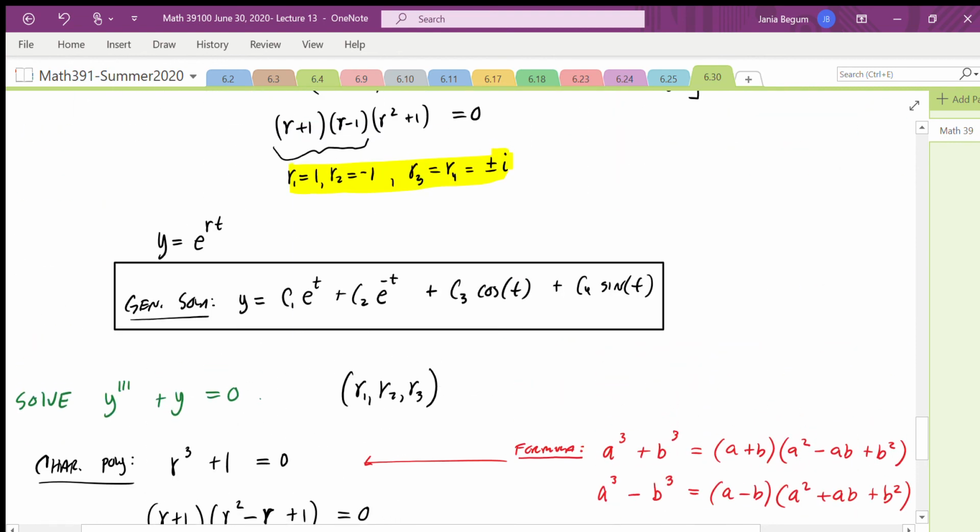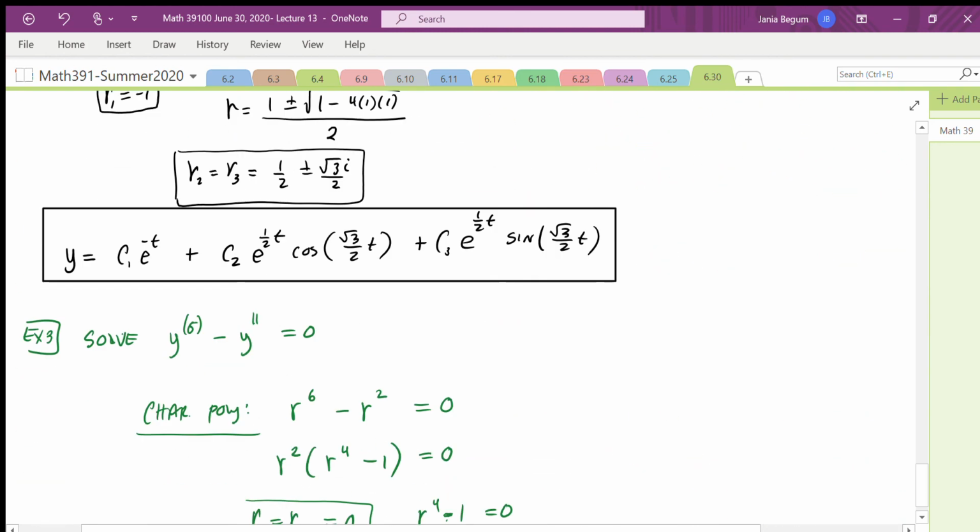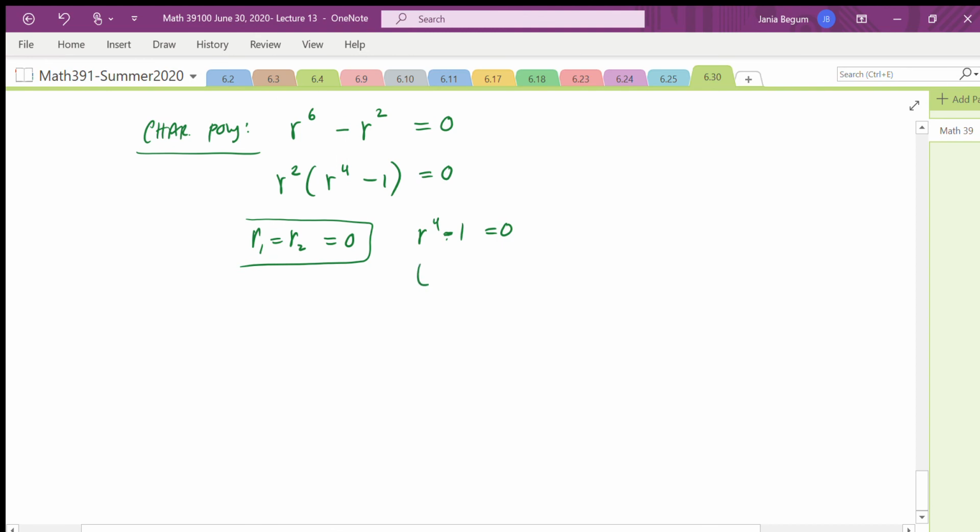So if you look here, r to the 4 minus 1, we had 2 distinct real roots, 1 and negative 1, and then the remaining 2 were complex conjugate i. So from before we have r3 is 1, and r4 is negative 1, and then r5 and r6 are complex conjugate of i.